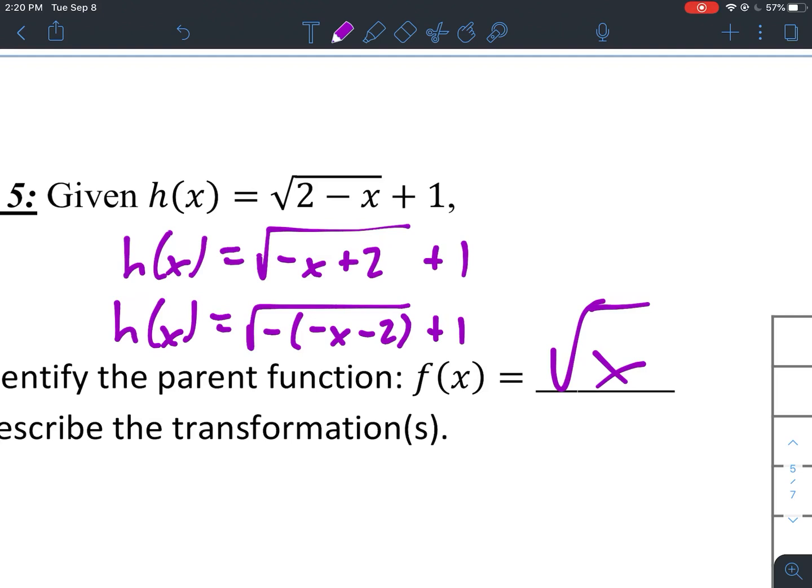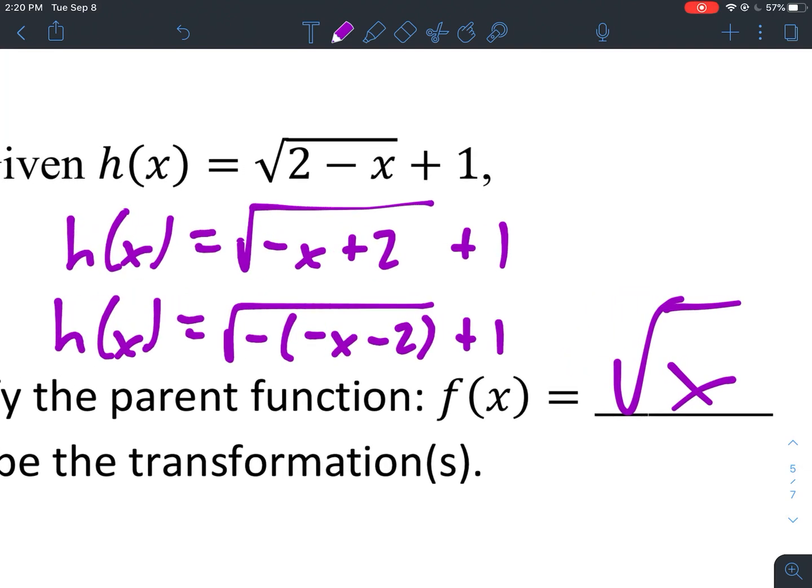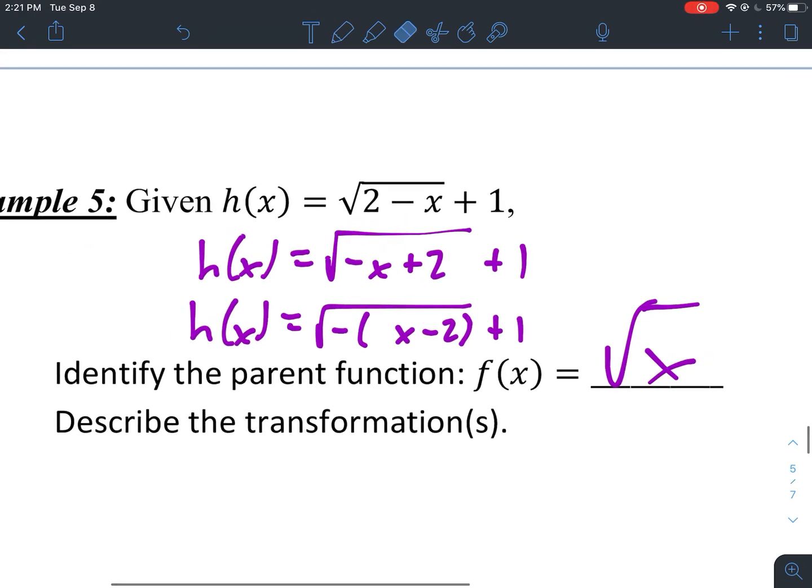Right? And now that's going to tell you a lot of things. But it might be easier if we just rewrote the equation. Oops, I added an extra negative sign there, I'm sorry. Might be easier if we just rewrote the equation like this, because now we can see the 2 different transformations happening underneath the square root.